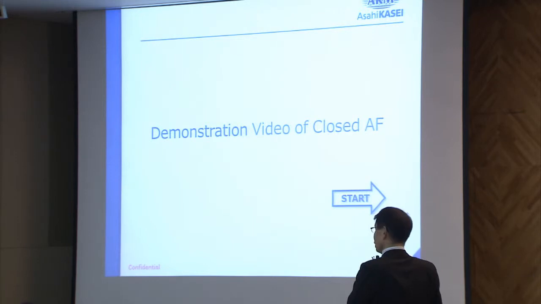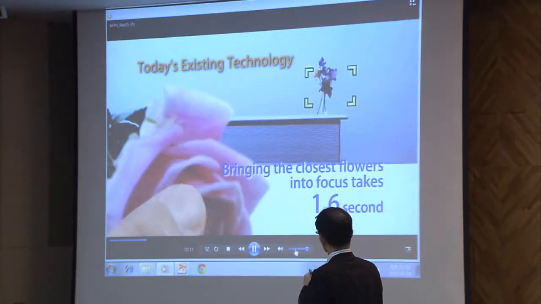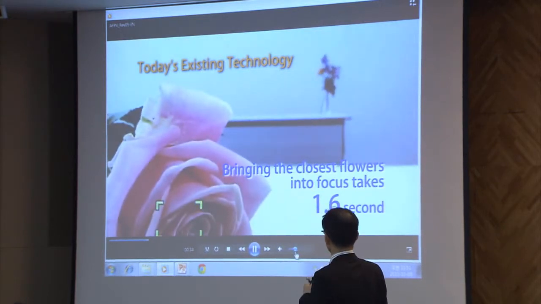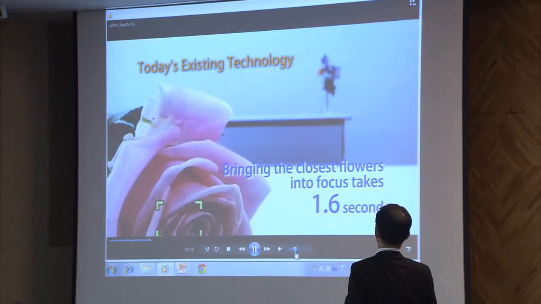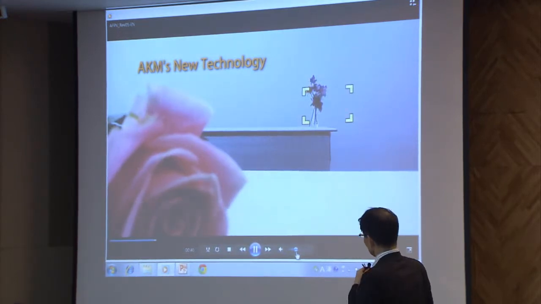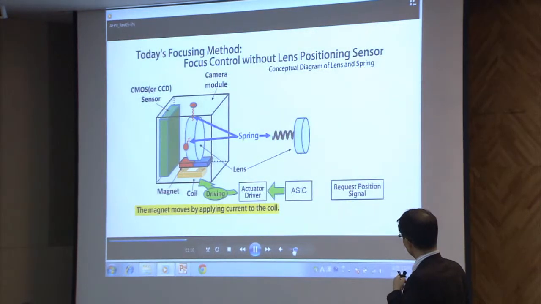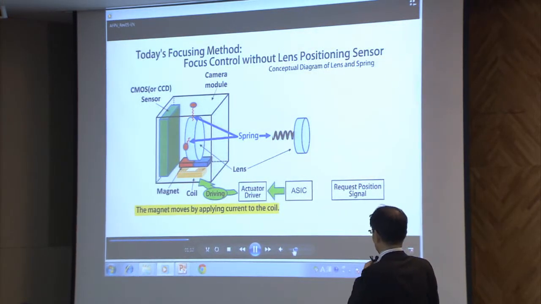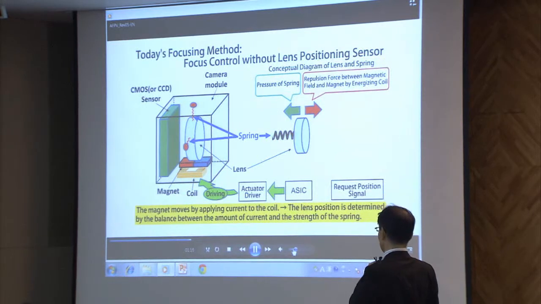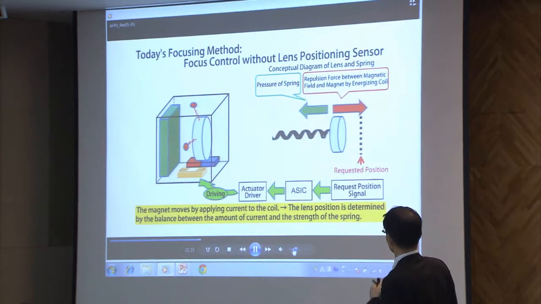Now I'll show you our demonstration video. This is the existing technology. Here, our new technology. The important point is that today's focusing method has a spring, so it needs some time to stabilize the lens position.